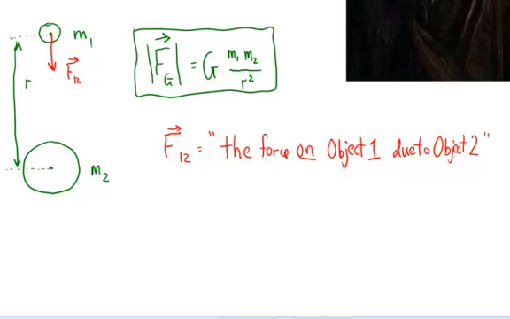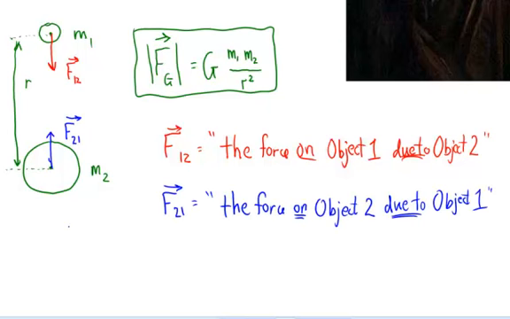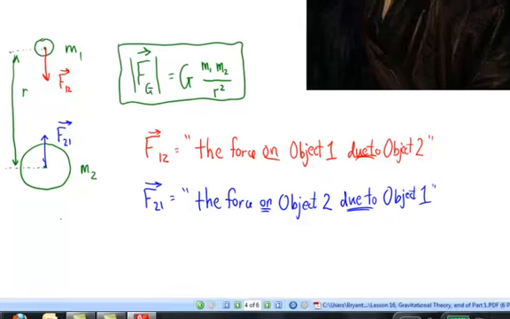Likewise, there's a force that's experienced by object 2 due to object 1. It's going to be along that same line. The magnitude of that force is going to be equal to the magnitude of the force on object 1 due to object 2, but its direction is going to be opposite. These two forces are numerically equal to each other, but their directions are opposite. So we'll write that in this way.